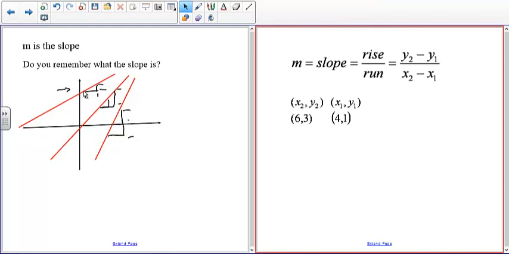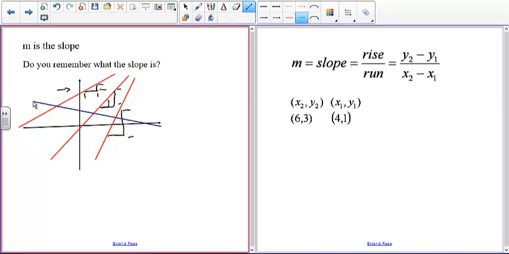Now, back over here, I'm just going to draw a few more lines just to finish out what I was talking about. These blue lines are going to have negative slopes because they're sloping downward. The y value gets more negative as you move from left to right. So this is a smaller negative slope, a bigger negative slope, and an even bigger negative slope.